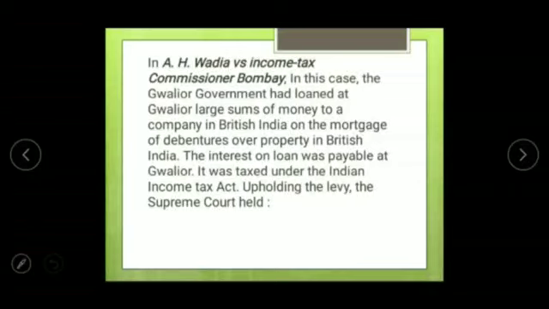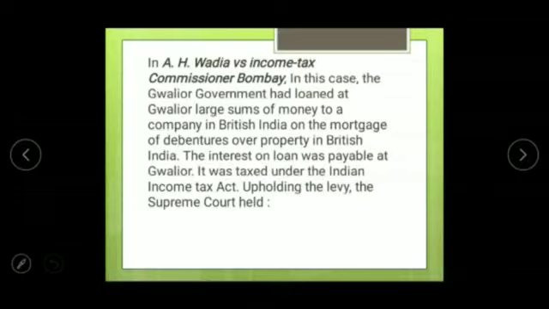So the interest on the loan was payable at Gwalior. It was taxed under the Indian Income Tax Act.